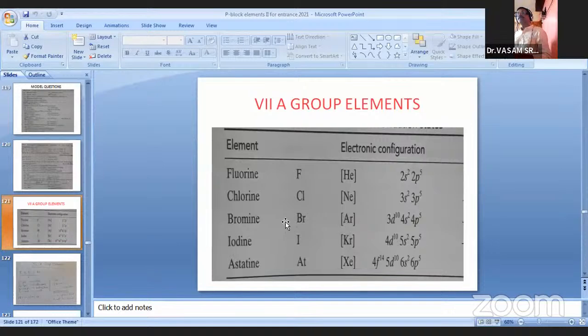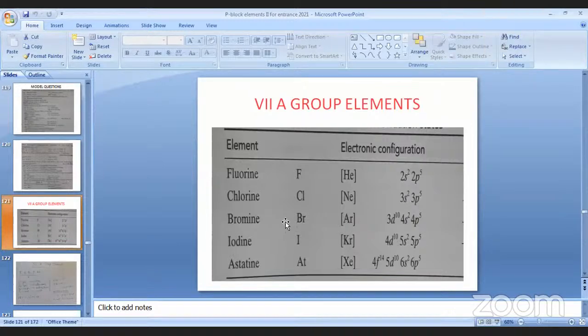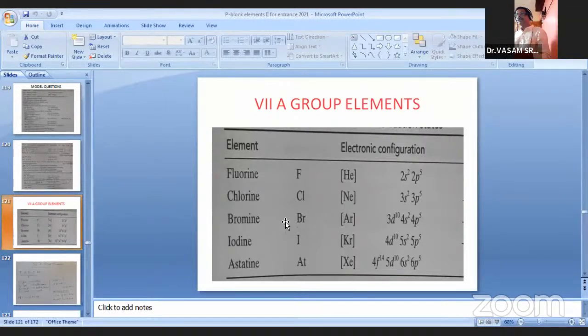Anyone? Why are they generally called halogens? What is the reason? They have a salt-forming tendency, sir. How? Not exactly.